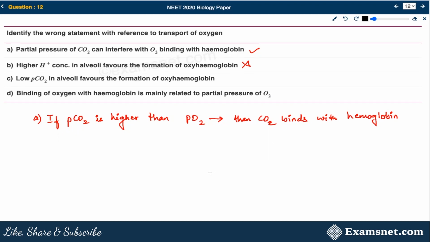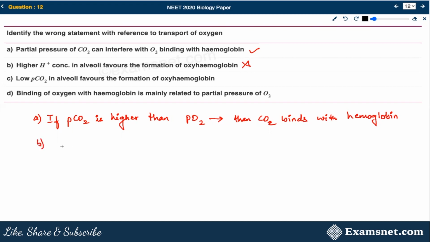It is actually going to cause dissociation of oxygen from the hemoglobin. Higher oxygen concentration means greater PO2 availability, which actually favors the formation of oxyhemoglobin. So B is the wrong statement that we have seen.